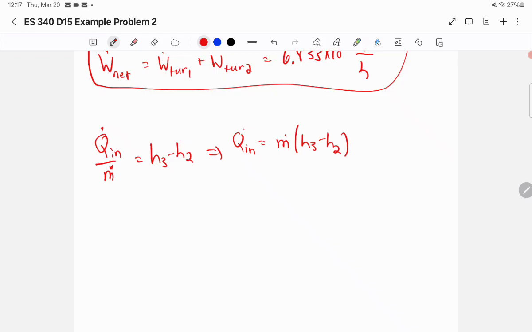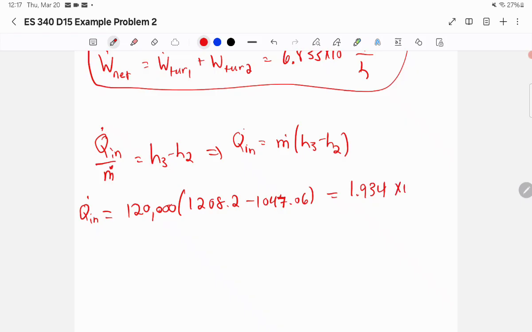And that means that Q in dot is equal to 120,000 times 1208.2 minus 1047.06, which comes out to be about 1.934 times 10 to the 7th BTU per hour.